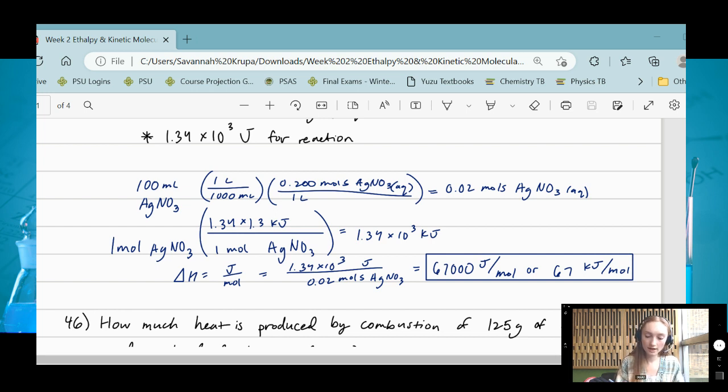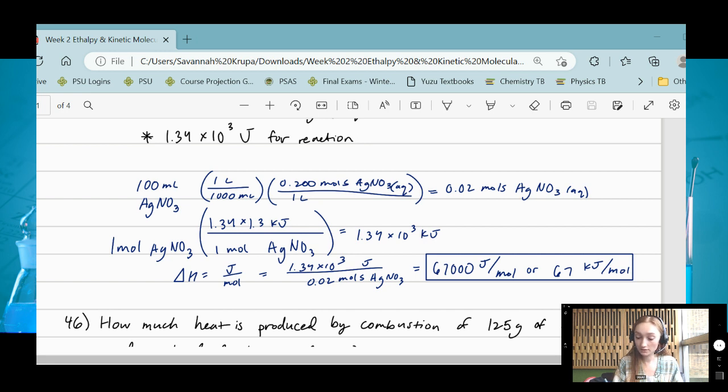So cancel that out, and then we can go from liters to moles. So in 1 liter, there's 0.200 moles of the AgNO3 solution. So multiplying all of that out will give us how many moles we have of this. And so we'll have 0.02 moles of the AgNO3 aqueous.